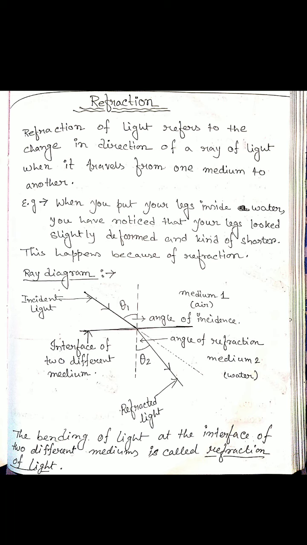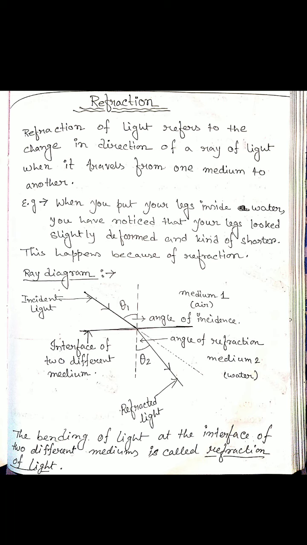The refracted ray of light deviates from its path, or changes its direction. Either it will be towards the normal or far away from the normal. Here I will draw towards the normal. It bends towards the normal, and sometimes it also bends far away from the normal.